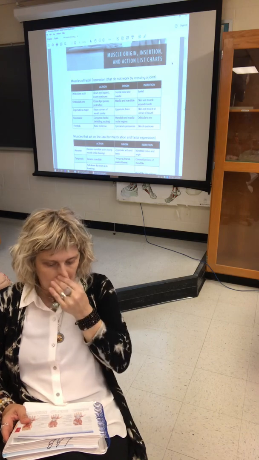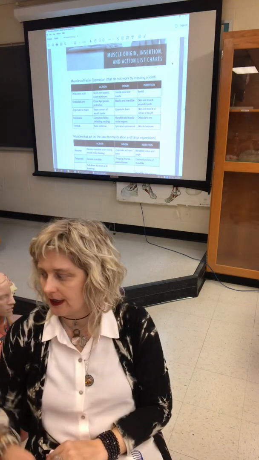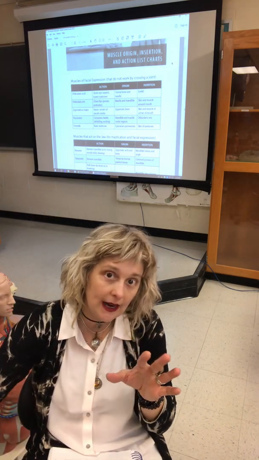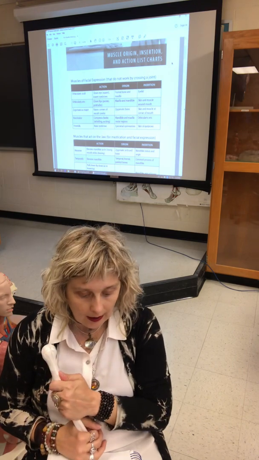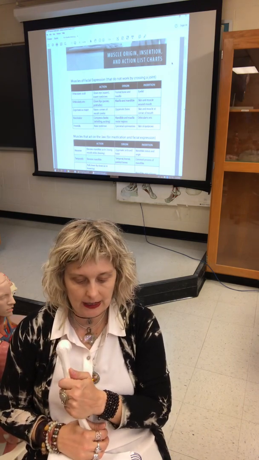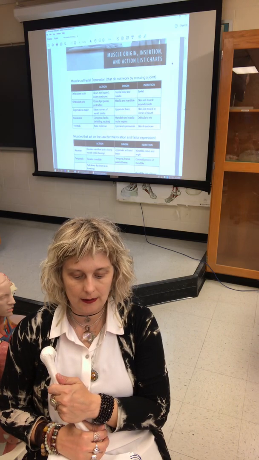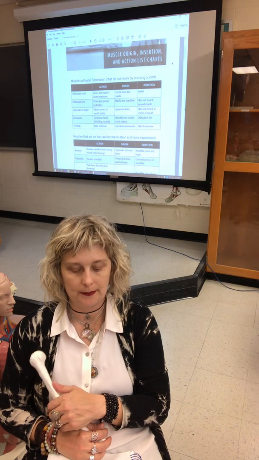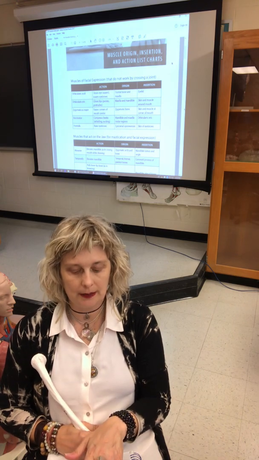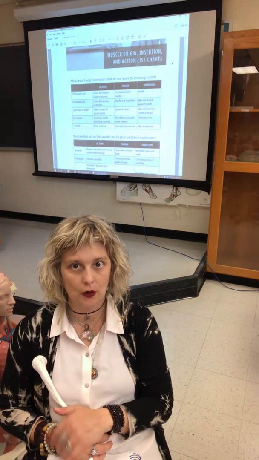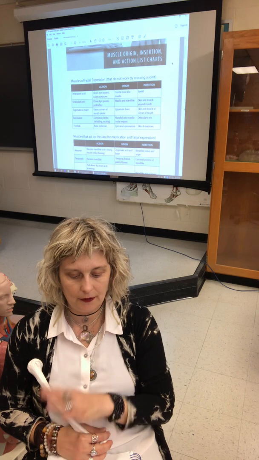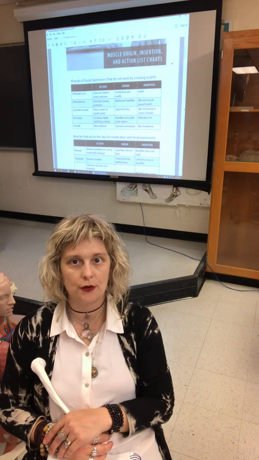I'm not going to go into too much detail, but I will provide the information for you. Origin, medial epicondyle of humerus, and for the insertion, it's the base of metacarpals 2 and 3.